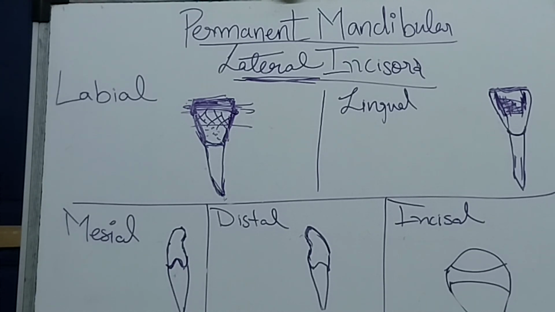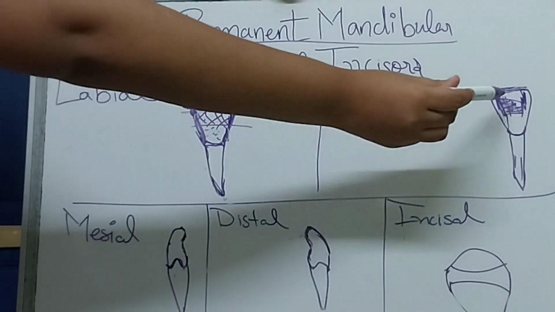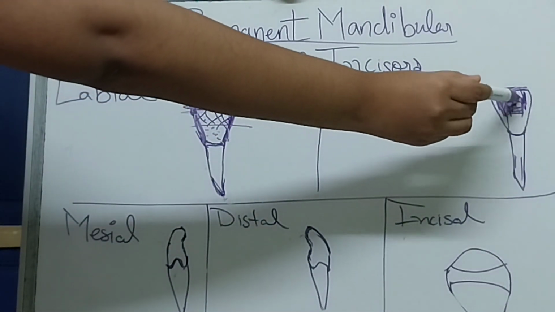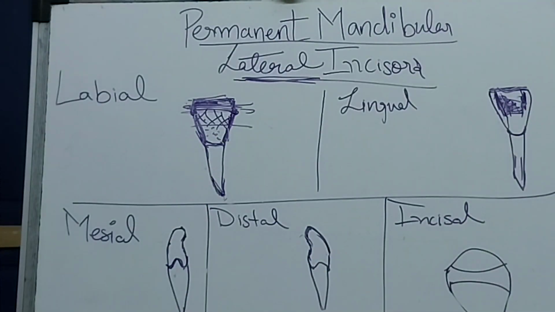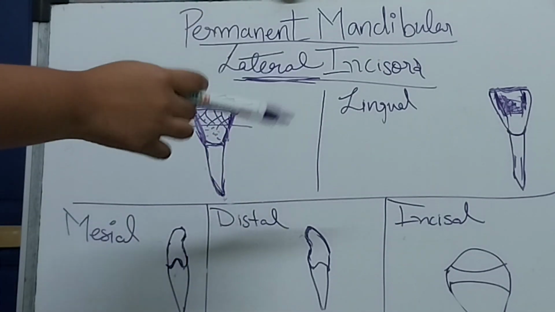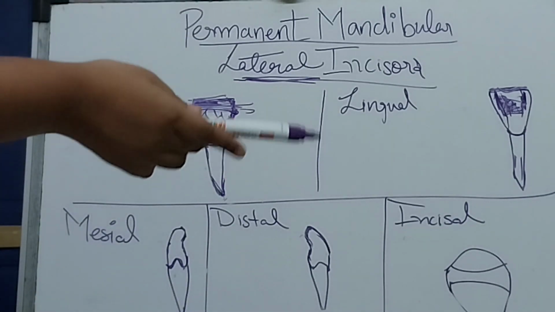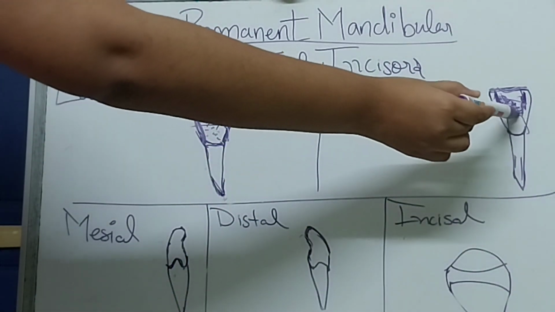Now the concavity between the marginal ridges is more distinct. Over here near the marginal ridges, the concavity is more distinct, and the lingual surface becomes flat and then convex as it progresses to the cervical third. Because of what? Because of the cingulum.